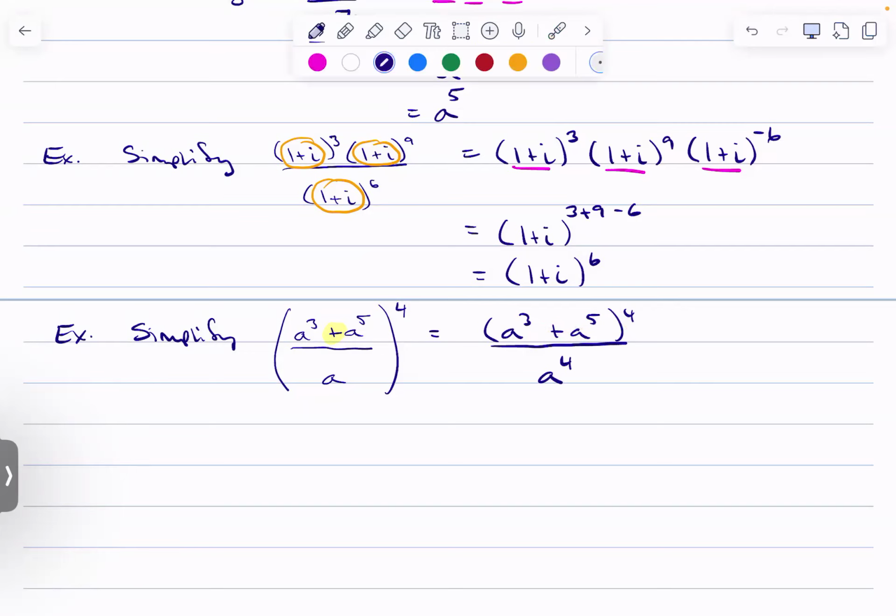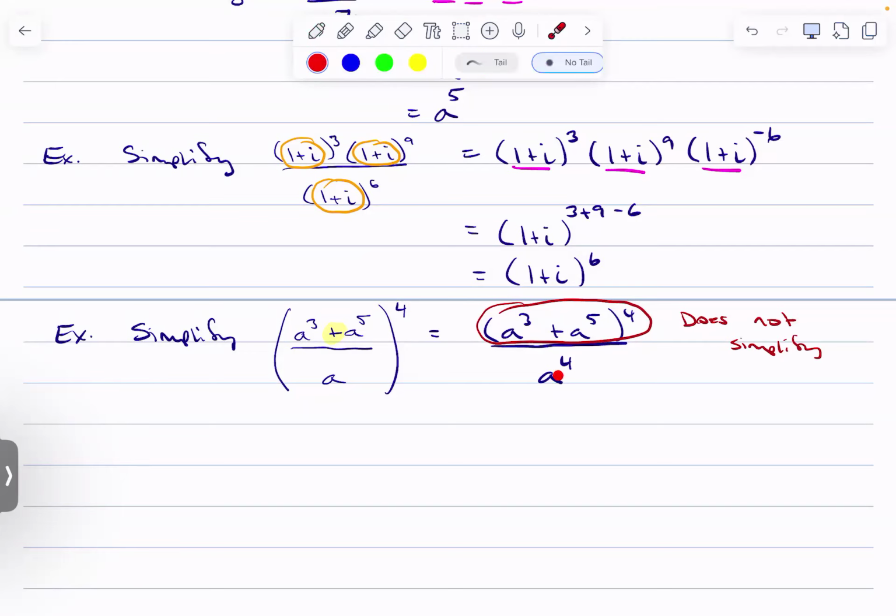And so here, this all here does not simplify. Because that's a to the 3 plus a to the 5 times a to the 3 plus a to the 5, and then 3 more or 2 more times. Right, and so we're kind of stuck here.